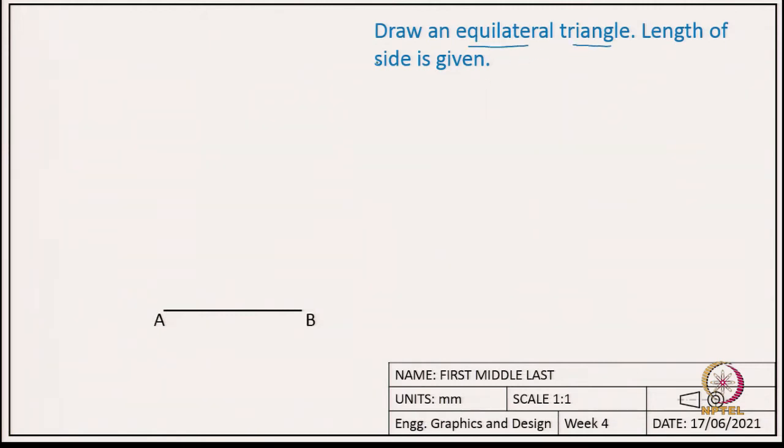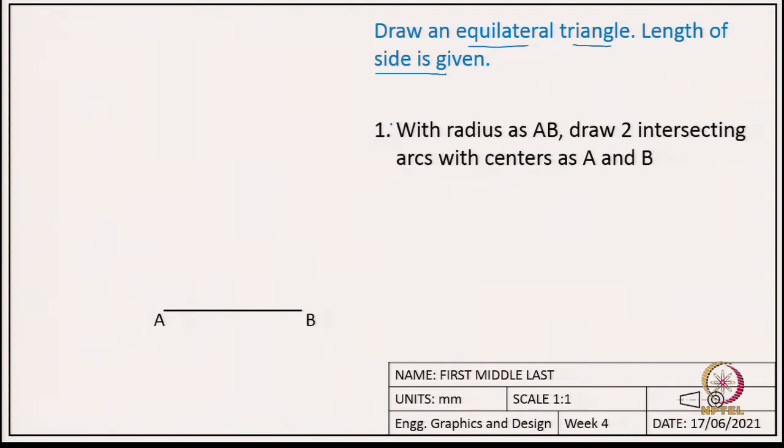Here we are saying that we already know the length of this side. So, we start with side AB. With radius AB, we draw two intersecting arcs. So, I use a compass, measure the length AB, and then with center at A, I draw an arc.